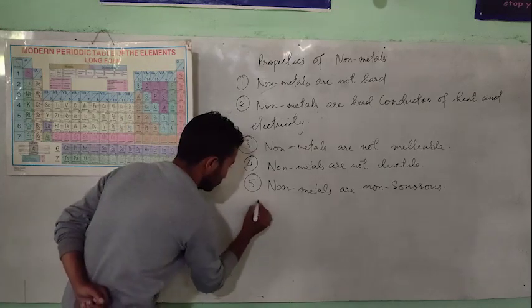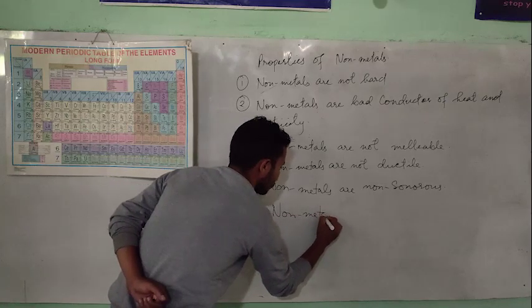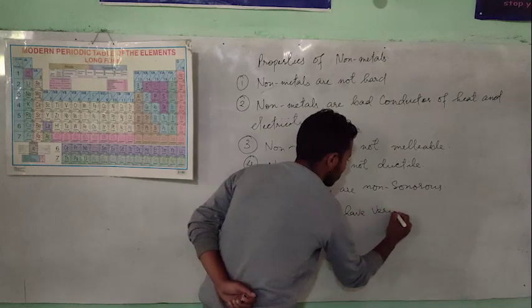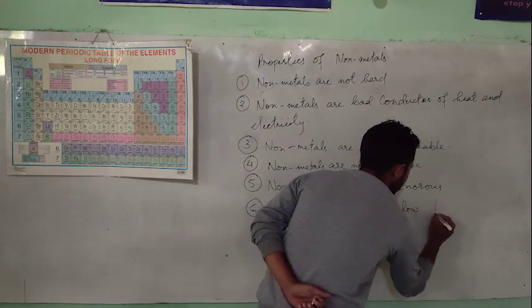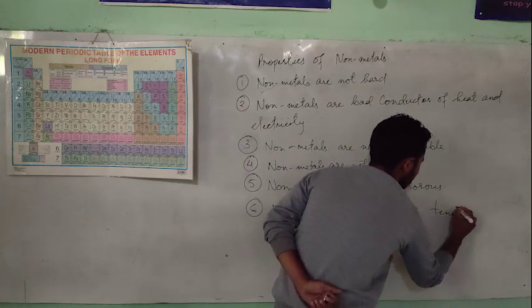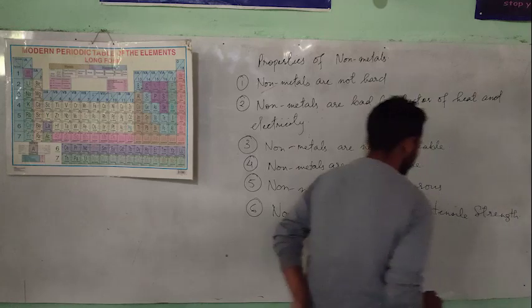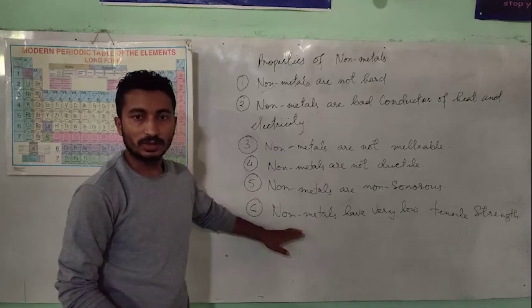And point number 6, nonmetals have very low tensile strength. This means non-metals cannot carry heavy things on them.